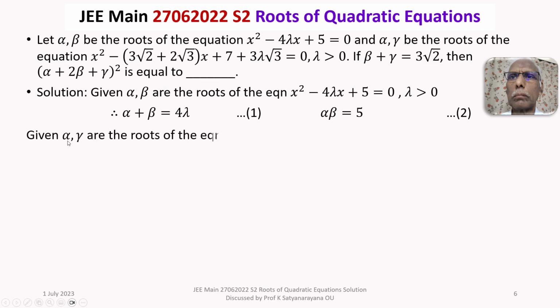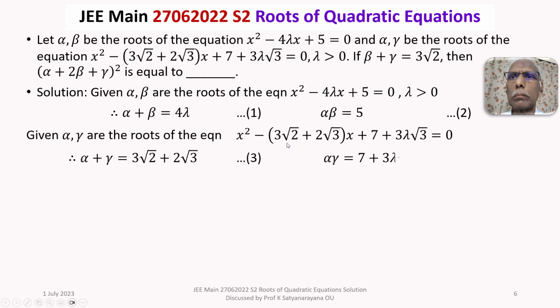We are also given alpha, gamma are the roots of the second quadratic equation x square minus (3 root 2 plus 2 root 3) x plus 7 plus 3 lambda root 3 equals 0, and alpha plus gamma is equal to 3 root 2 plus 2 root 3, following the same principle, that is minus the coefficient of x by the leading coefficient.